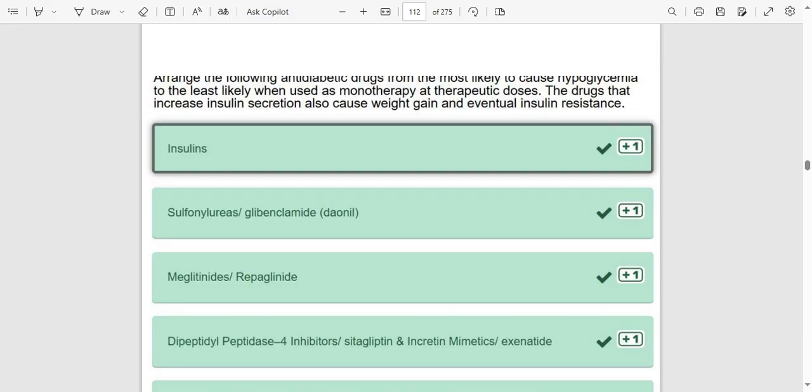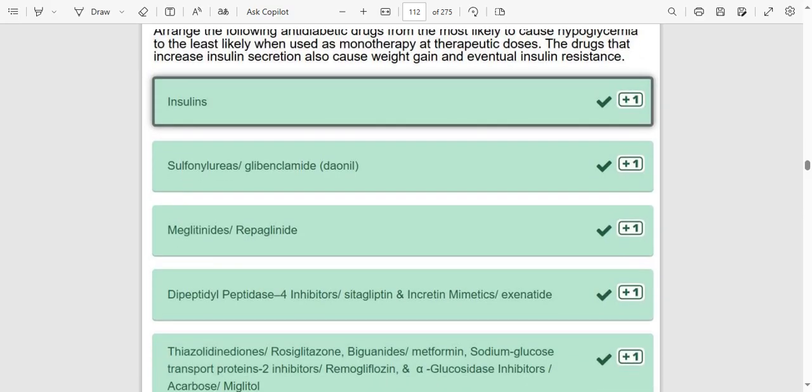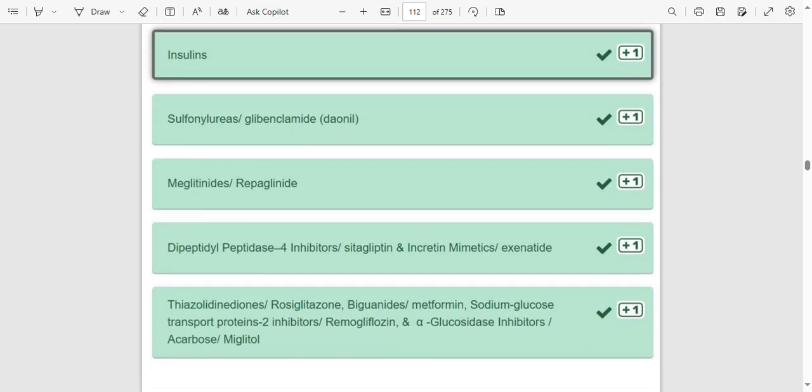So the insulins are the first when it comes to causing hypoglycemia, and then sulfonylureas, and then meglitinides, and then DPP-4 inhibitors, and then TZDs and those others. So the majority of these are at the bottom here. Majority of them are better.